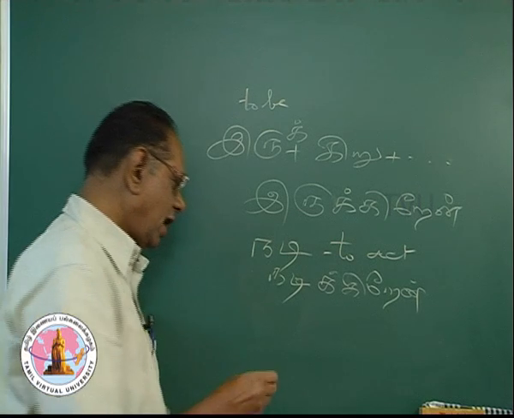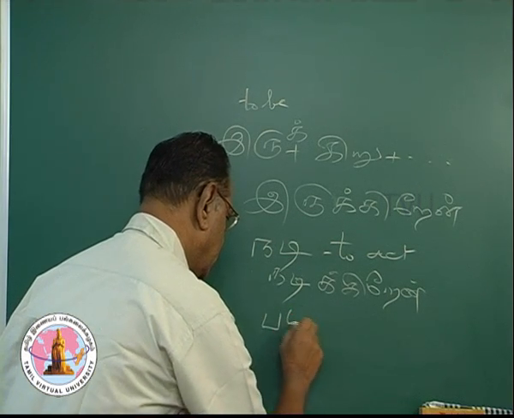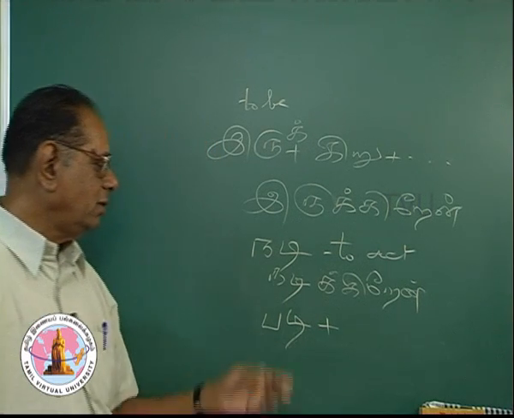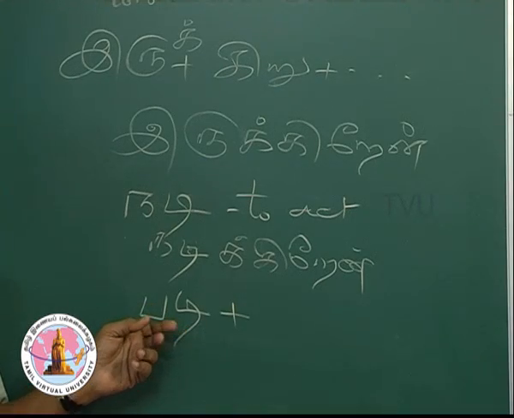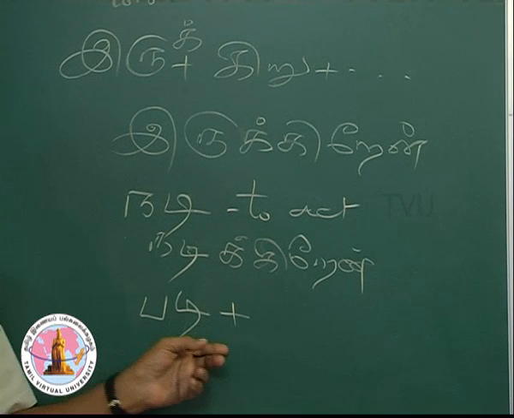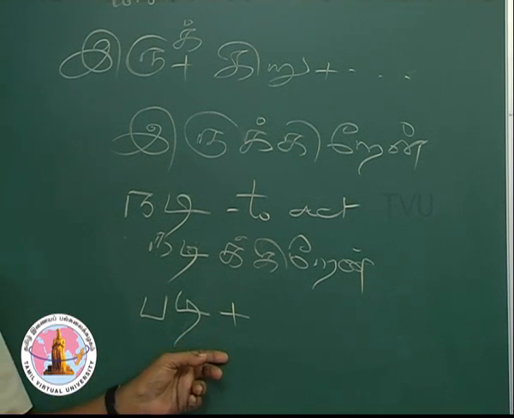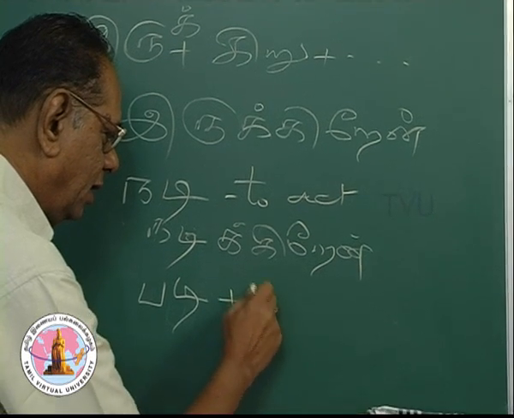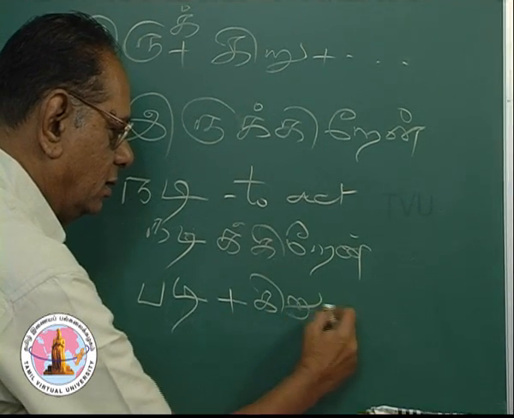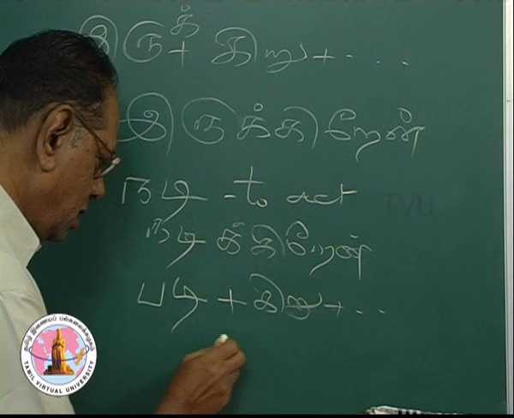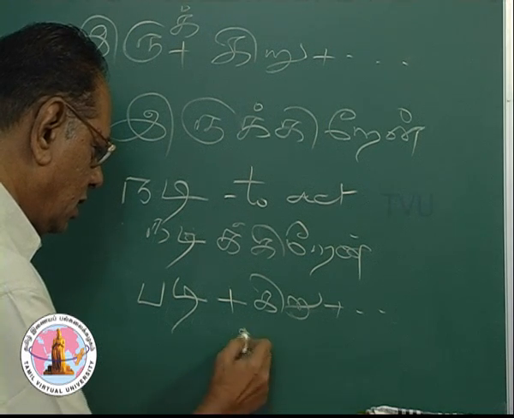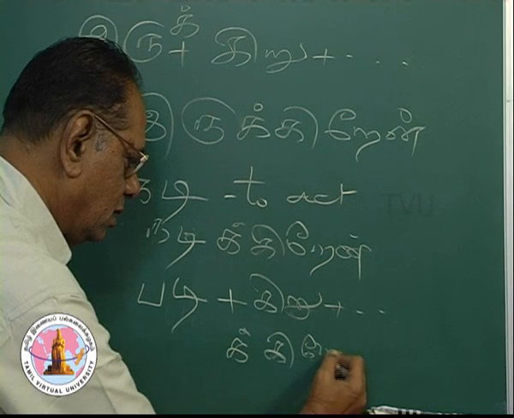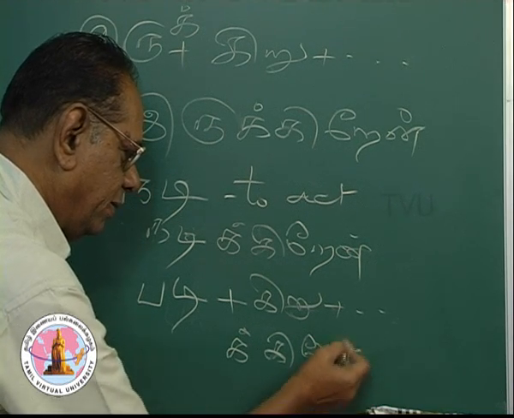One more of this type. I hope you remember this word. Padi, padi. Padi is to read. So, padi, when taking up the tense marker, gets a ka of the consonant form.